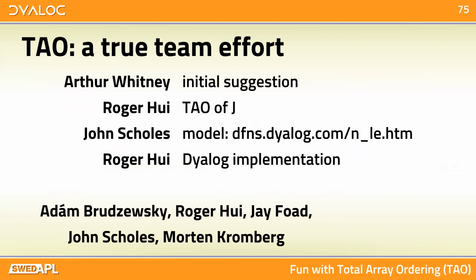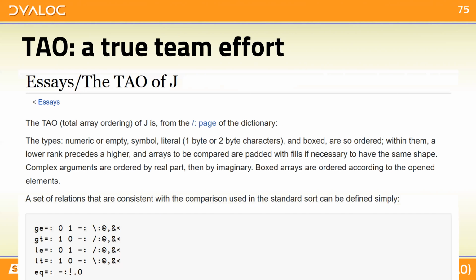So just to round this off, we mentioned a couple of times the many hundreds of emails. The initial idea for total array ordering was with Arthur Whitney, and K has something like that, although I disagree with the actual order, but the idea came from there. And then Roger Hui implemented that in J, a total ordering.